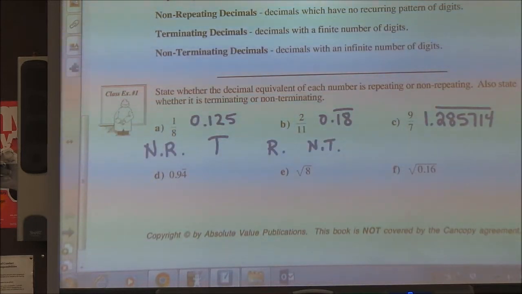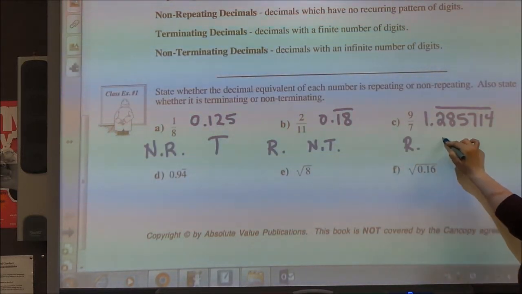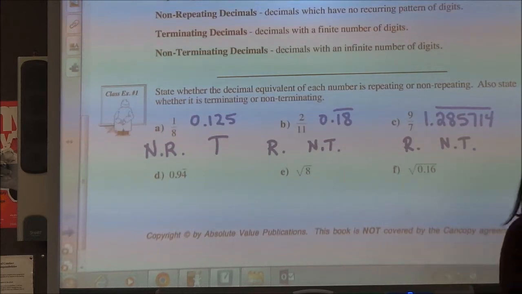It is a tricky decimal. For questions that I give you, we'll talk about how we know that this would be repeating. So this is repeating, which means it is non-terminating.